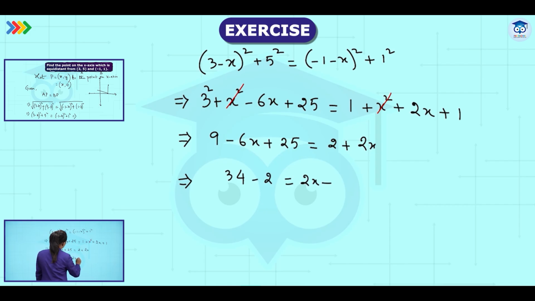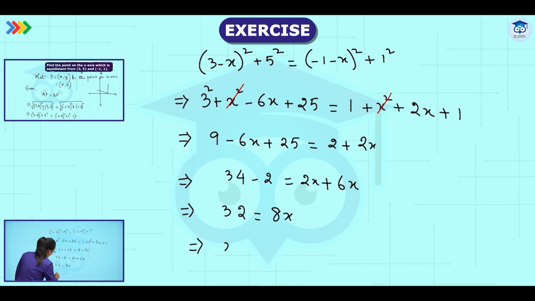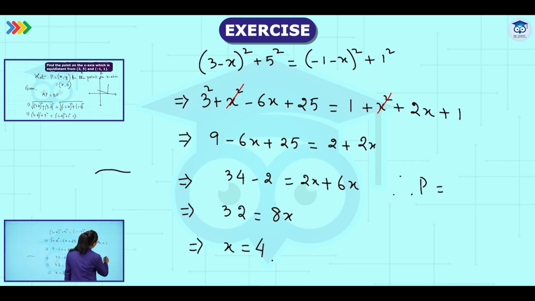So 2x plus 6x. So this is nothing but 32 is equal to 8x. The x value will be 4. That's it. Therefore, the point P, which is equidistant from the given points A and B, is 4, 0. That's it.